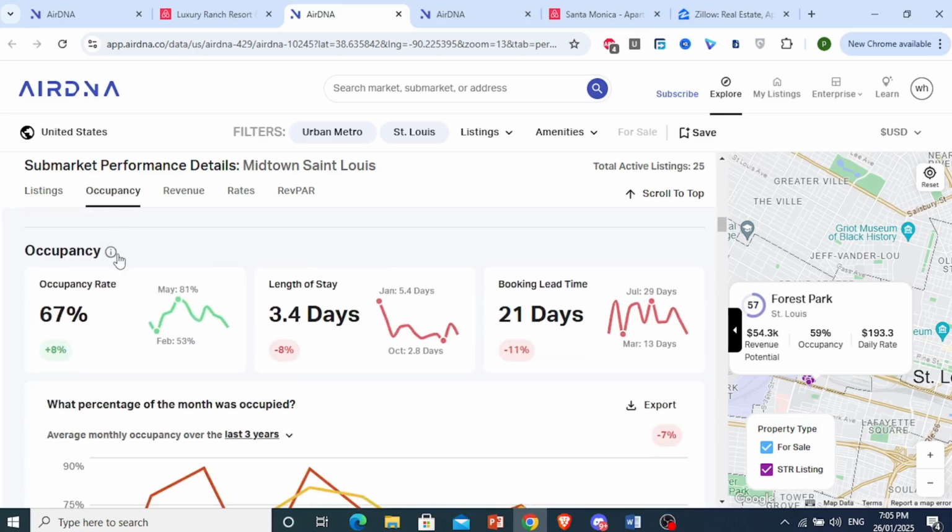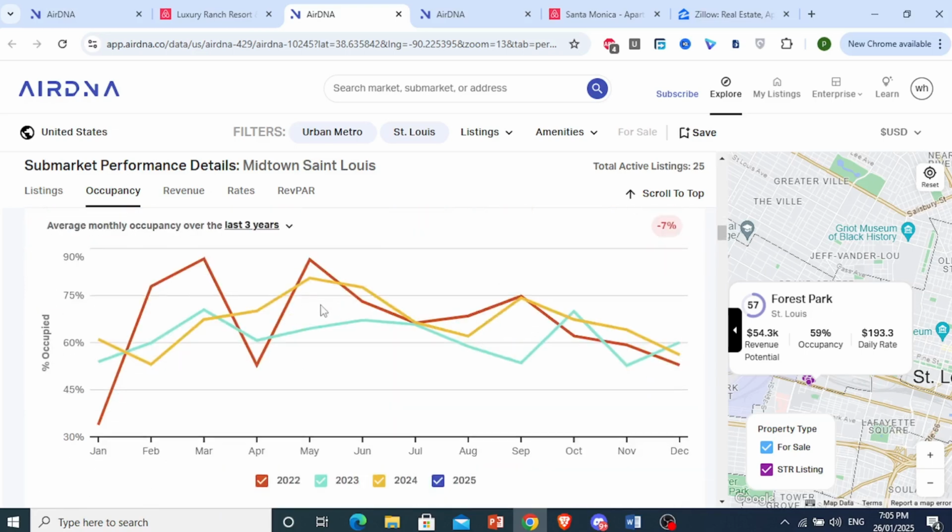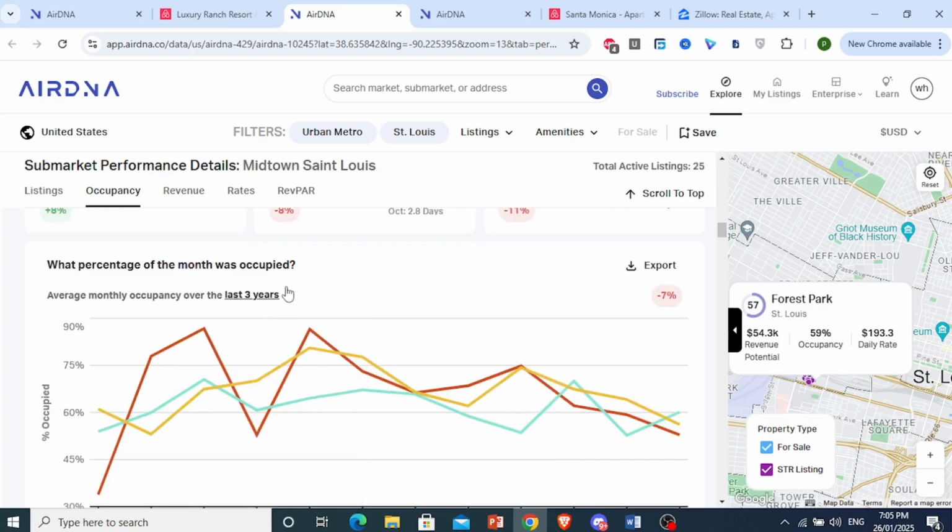Now here we have the occupancy rate. So what percentage is occupied during the year for your property? You expect 67%. On average, people will stay for 3.4 days, and the booking lead time is basically how many days in advance people are booking your property. And of course, you come here, and what is the percentage of the month that was occupied over the last 3 years?